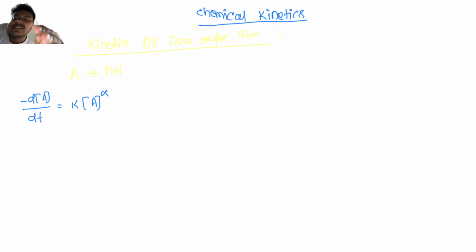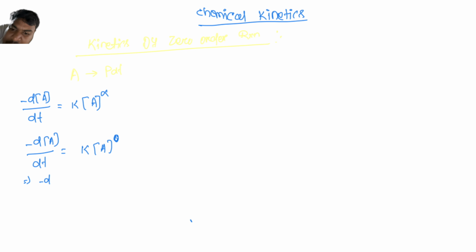Now since it is a zero order reaction, I can write minus dA by dt equals K times A to the power 0, and any species with the power of 0 will become 1, so it will become minus dA by dt equals K.